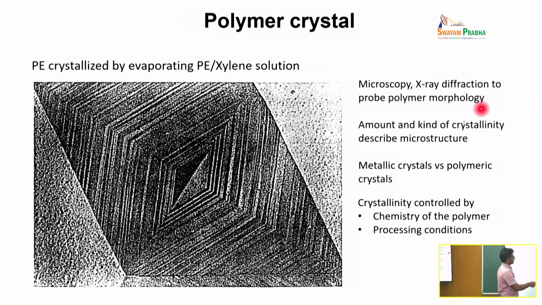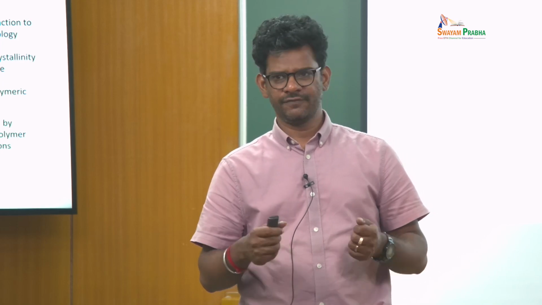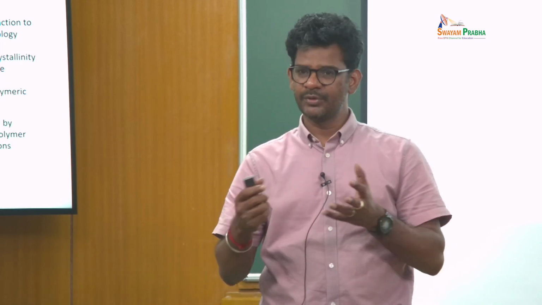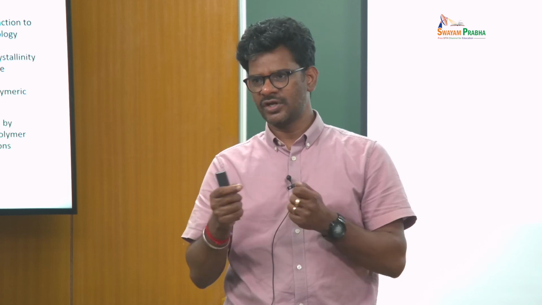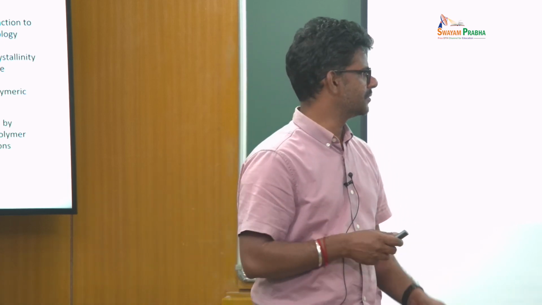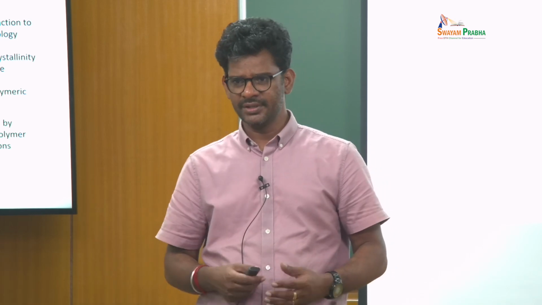So from the properties point of view, metallic crystals are very different: they are very strong, brittle, and it takes a very high temperature to melt them. Polymer crystals can be a little bit less strong, less brittle, but they have a similar kind of atomic arrangement as in metals. Okay, so there is a good analogy between metallic crystals and polymeric crystals. So now if you ask, what controls the crystallinity of the polymer? Two things.